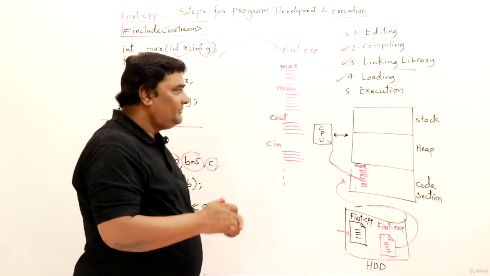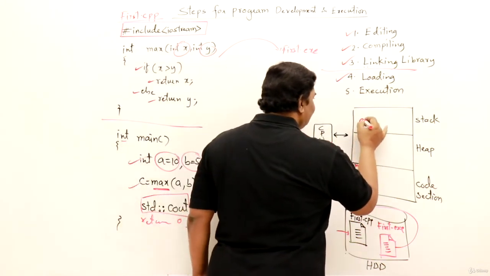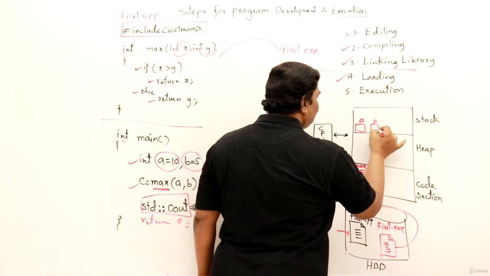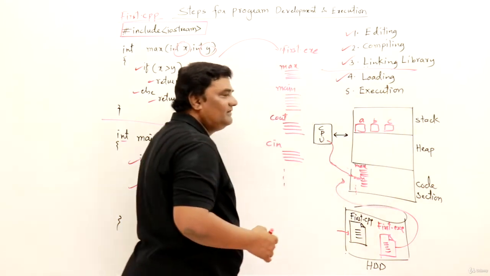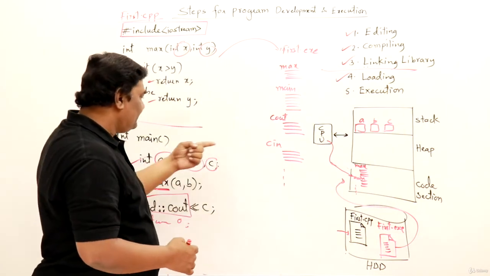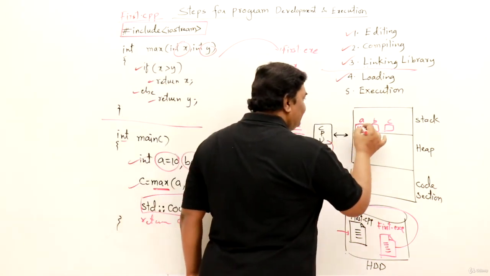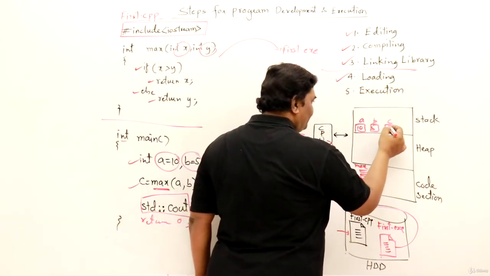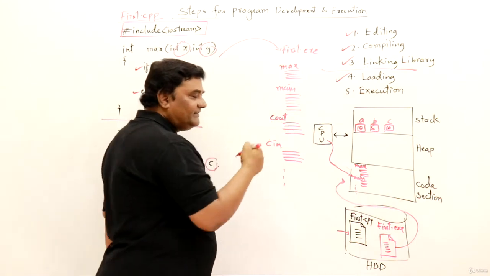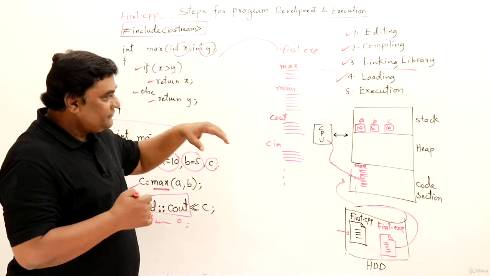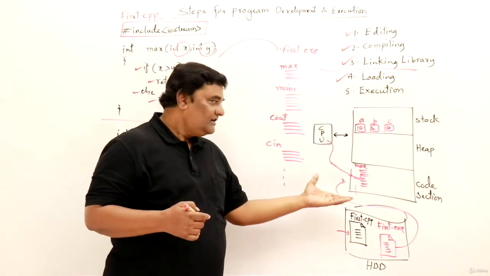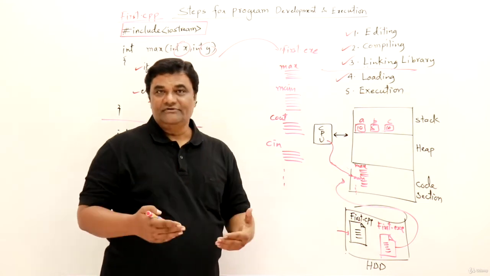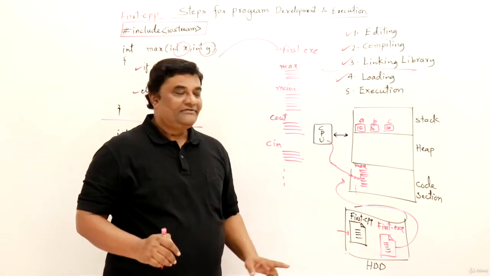So for the variables, space is taken here inside the stack. Those variables will be created inside the stack during execution of a program. So stack is useful for variable creation and code section is useful for the program itself.